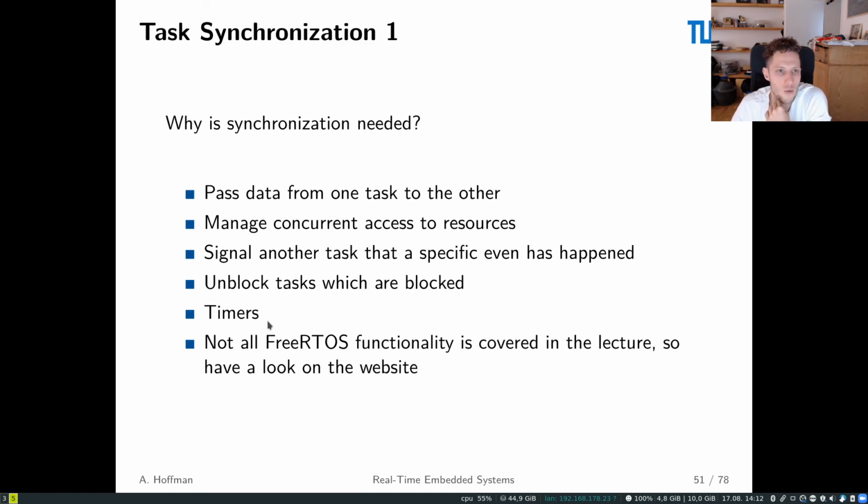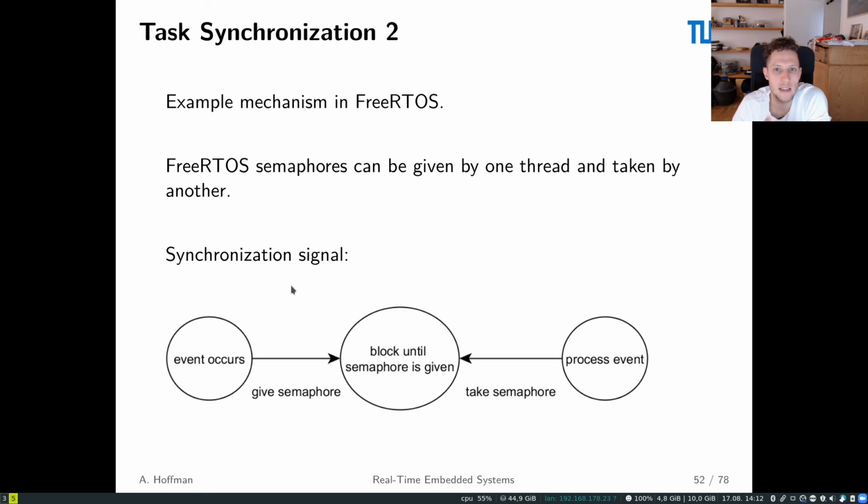Timers, and so we'll go through how task execution works, and this is the classic FreeRTOS semaphore example. The POSIX definition of a semaphore is a lock that you take and then give back, right? But FreeRTOS implements it slightly differently in that a semaphore is given by one thread and taken by another. One person is handing the ball to the next person as a signal, they don't need to give it back, but the other is waiting to be given the ball.